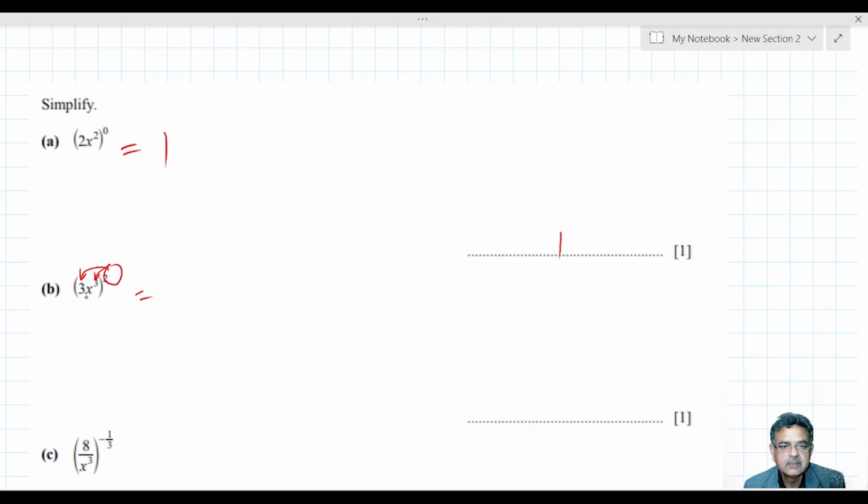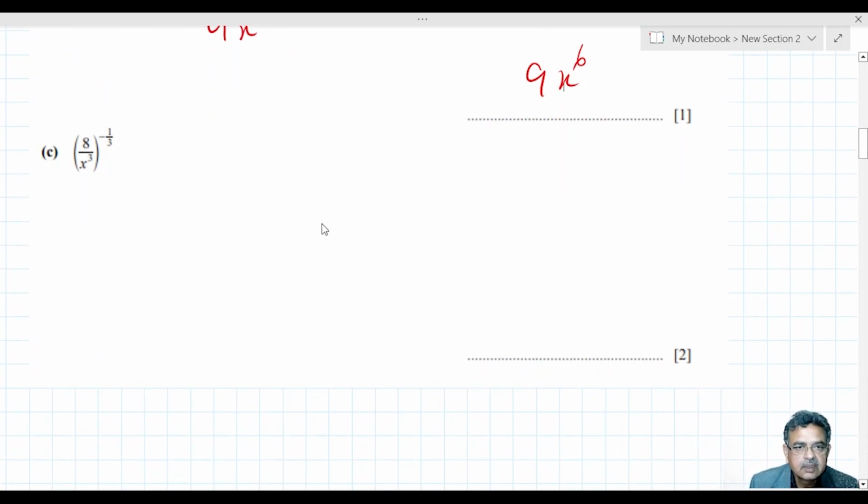Condition is that they are multiplied. So obviously they are multiplied. 3x cube, this square will be shared by the indices of both values. So that will be 9x power 6. 9x power 6 is the answer.